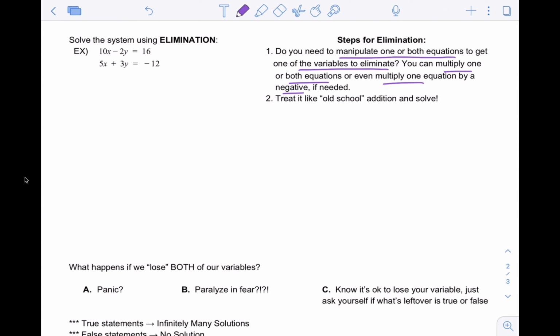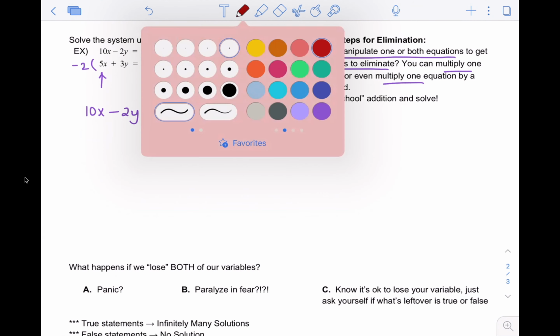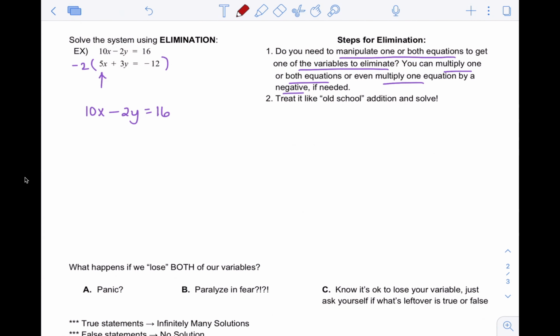In this example, if you choose the x's, you would only have to multiply the bottom equation by -2. The reason? Because the top equation of 10x minus 2y equals 16 has no reason to change. By multiplying the bottom equation by -2, that 5x turns into a -10x.